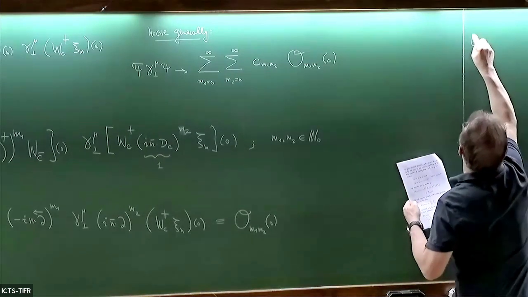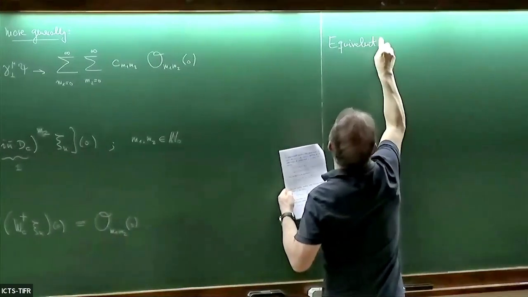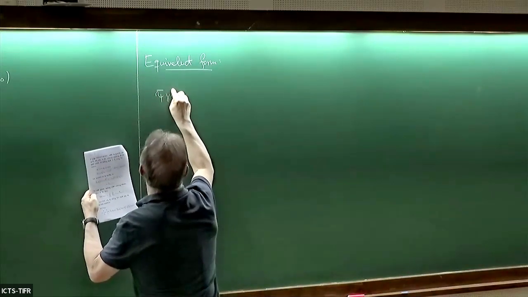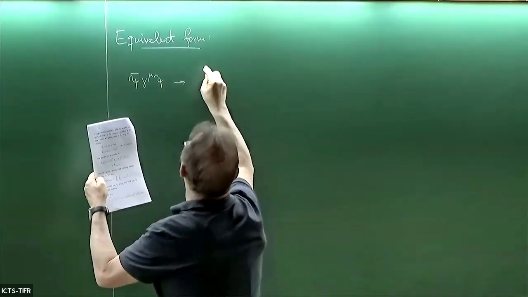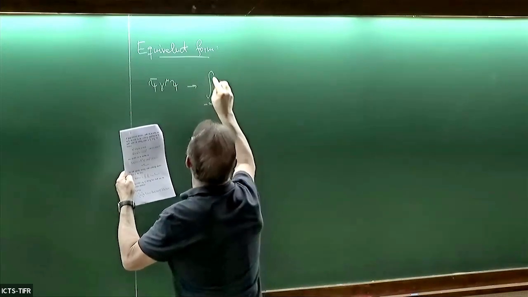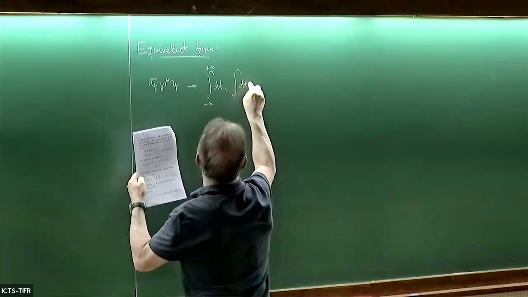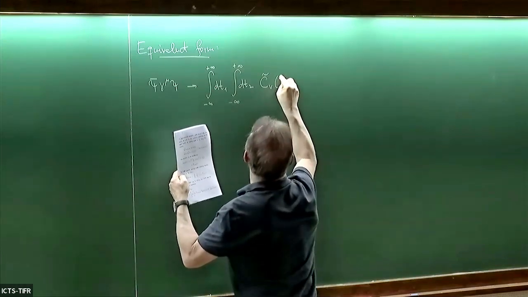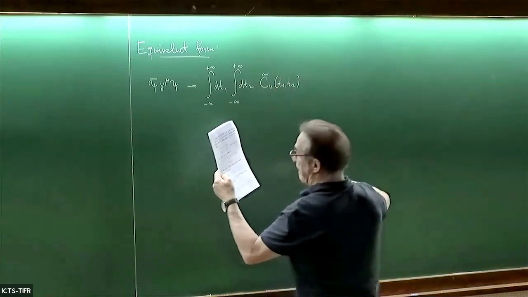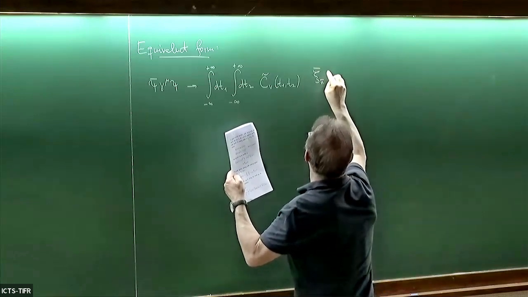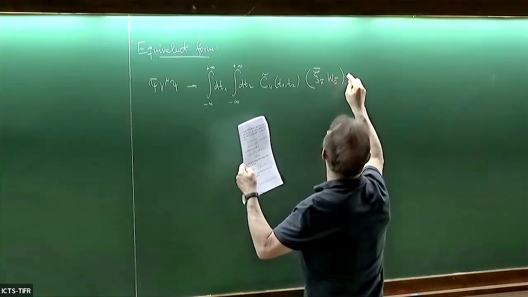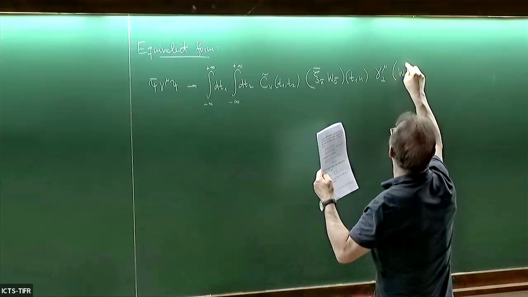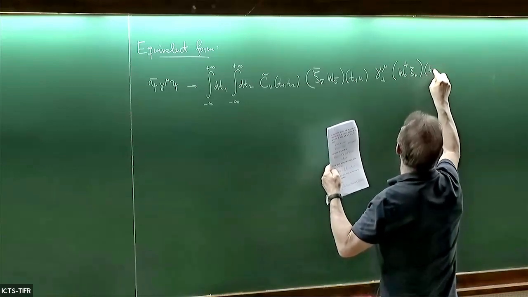An equivalent form of writing this, I claim, and we'll prove it in a second, is the following: my current matches onto a double integral from minus infinity to plus infinity of some function C tilde of T1 and T2, and now C n bar W C bar at position T1 n, gamma mu perp, W C dagger C n at position T2 n bar.